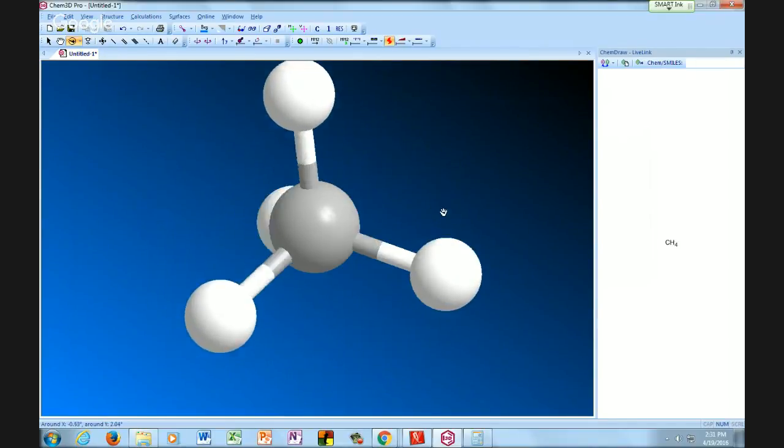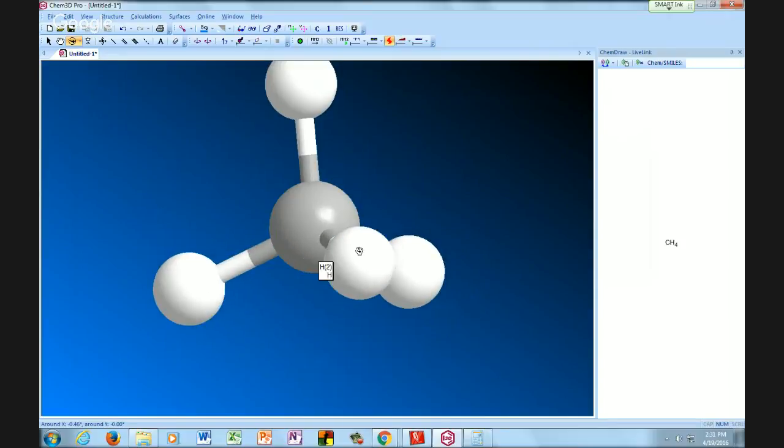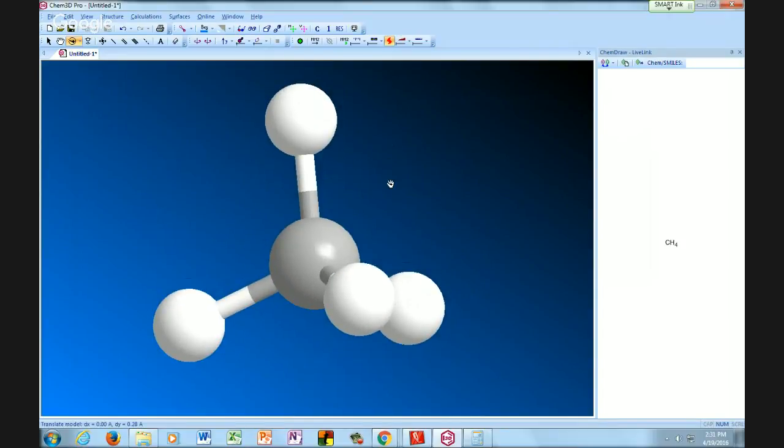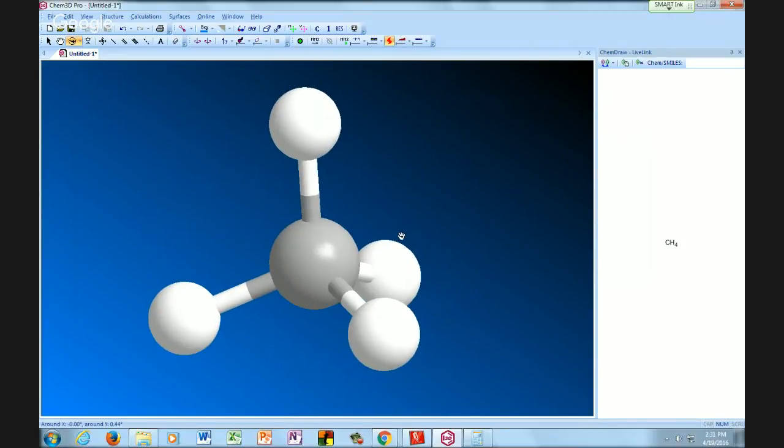Does anybody know what this shape is called? Have you seen anything like this before? The way you can think about it is think about it being inside of a cube. If it's inside of a cube, in fact, we can draw this here.